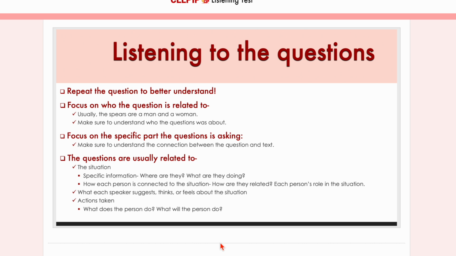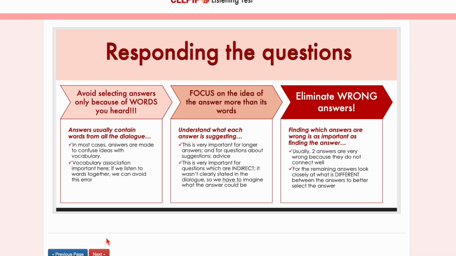When we listen to the questions, yes, make sure we listen and repeat the question to make sure we understand it clearly, okay? And responding to the questions, lots of times the words or the questions are confused by words you listen to. We need to avoid that, and we need to try to listen for full ideas, full sentences, and that way we can respond to questions more effectively, okay?